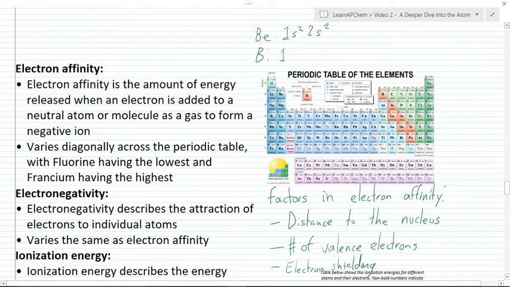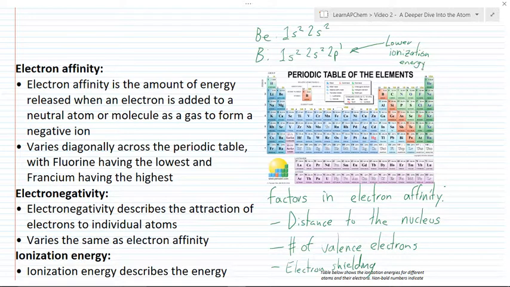Boron is 1s2, 2s2, and then 2p1. When we do this, we actually find that boron has a lower ionization energy, which would seem surprising.